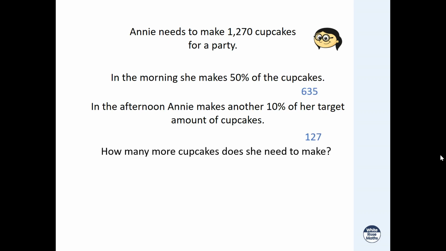And then we need to add those together, which is 762. And then take that number away from her target amount. So it's 1,270 take away 762, which is 508.